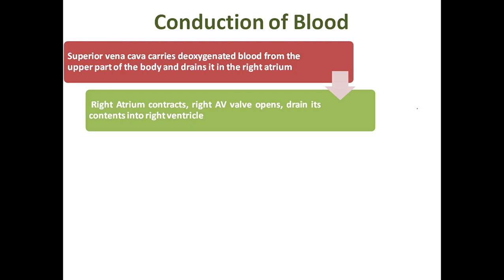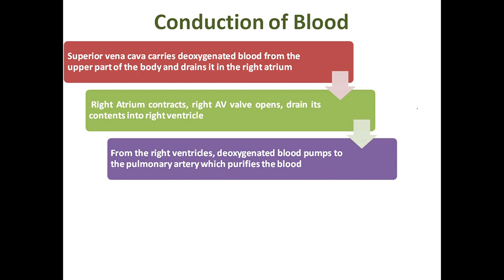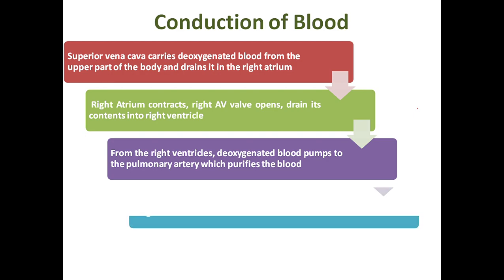From the right atrium, it drains into the right ventricle through the AV valve, which is known as the tricuspid valve. From the right ventricle, deoxygenated blood is pumped into the pulmonary artery, which carries the blood to the lungs for purification.